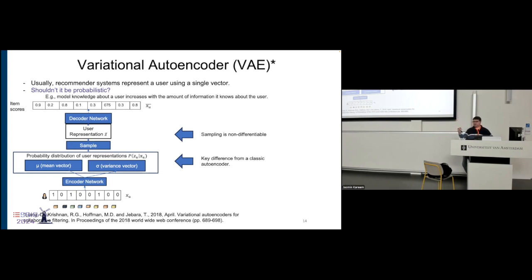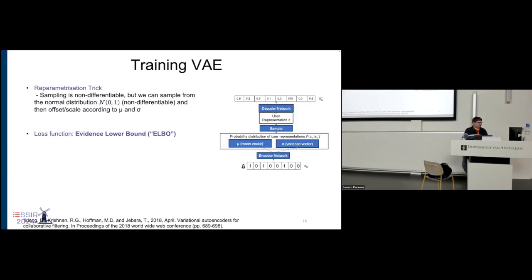We want to be able to somehow optimize our mu and sigma. Sampling is somehow non-differentiable. So there are two key ideas for training this model. The first idea is called the reparameterization trick.